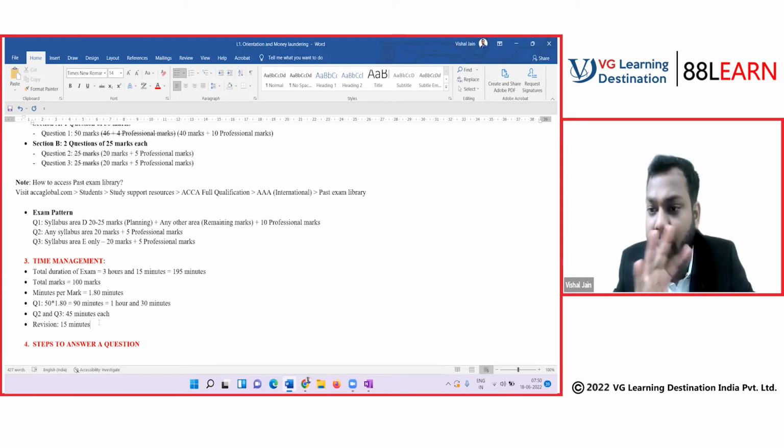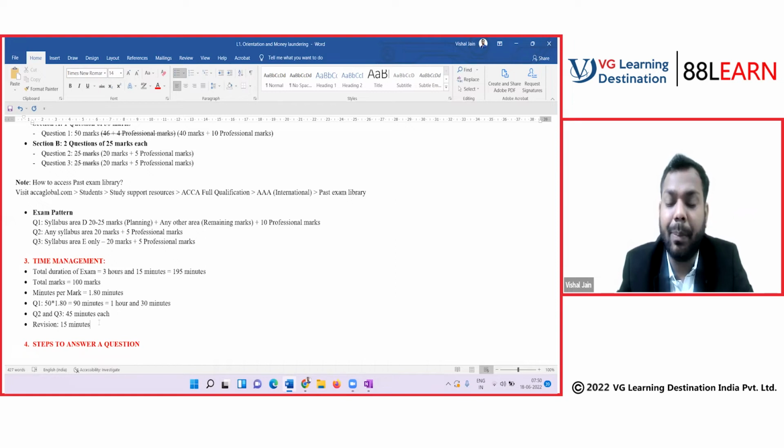Once you have solved 2 to 3 papers, you will find yourself in a position where you can easily complete question number 1 within 1 hour and 30 minutes. Definitely we will be taking up a test in the class also, so you will be able to complete a full question paper within the timelines. Is it clear, all of you? The time management.